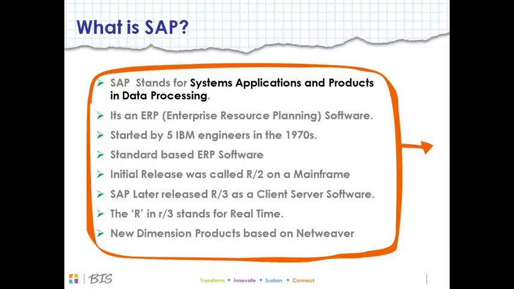Not a problem, we are going to see that in the next slide. Because of some challenges in R2, the successful architecture is R3, that is real-time three-tier architecture. With this architecture, they developed this SAP product later on with client-server mechanism only, and they are running successfully since last many years with lot of products, lot of features, and lot of combinations.